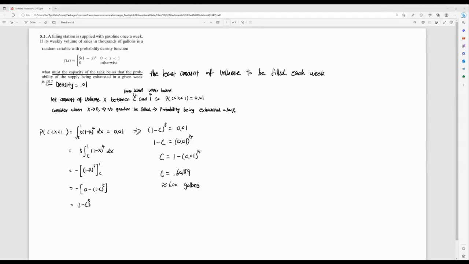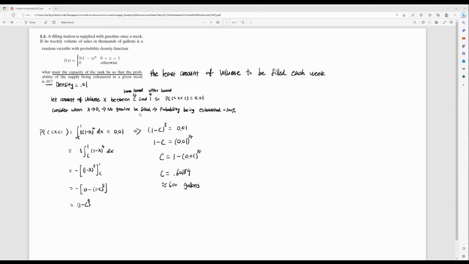given week is 0.01? So first of all, consider when x approaches 0, that means no gasoline. So the probability of being exhausted would be 100%. So then instead of 0, we give a variable c, the volume x between c and 1. So the probability becomes 0.01.